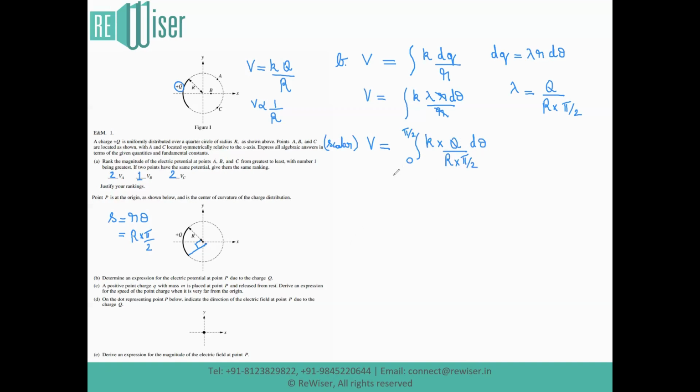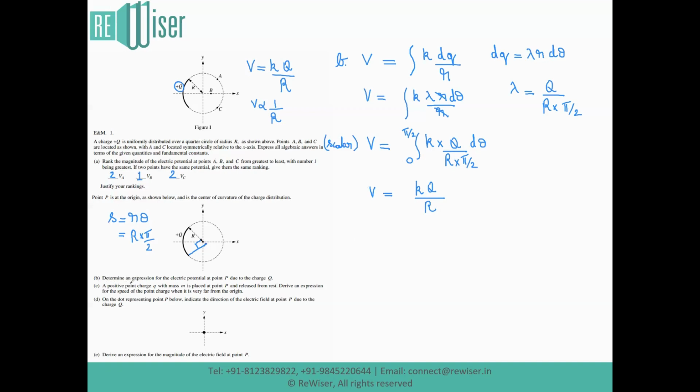Moving further, we understand that potential V can be simplified and written finally as V equals K into capital Q divided by R. Let's move on to the next question.